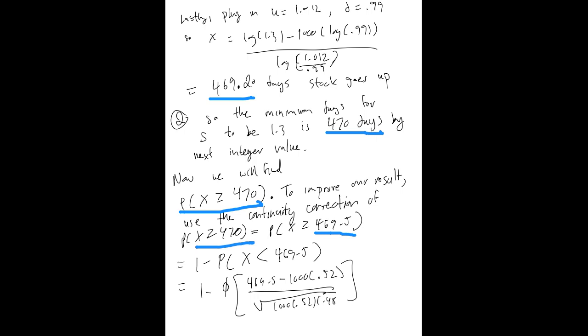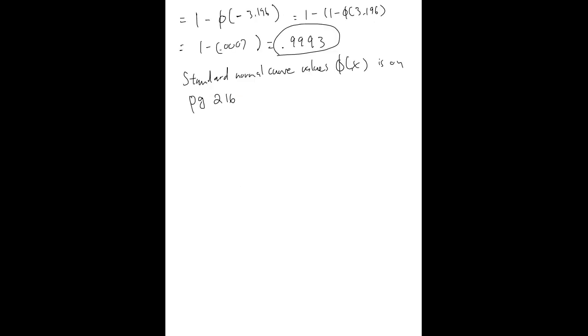Then we use the standard normal table on page 2. We get a negative value, so we have to do 1 minus phi of the positive value. So we get 0.0007. And then finally the probability was 0.993.